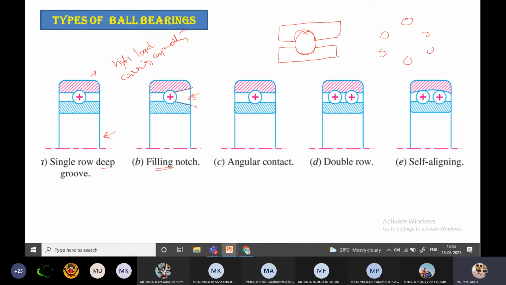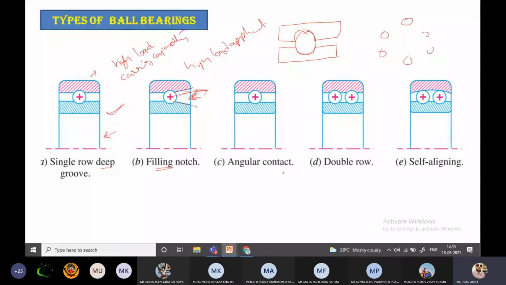Here the number of balls we can increase, and whatever ball is damaged, we can easily take it outside. That is the benefit of this one, and self alignment is also possible with this filling notch bearing. Okay, and this is also applicable for high load applications compared to the first one.